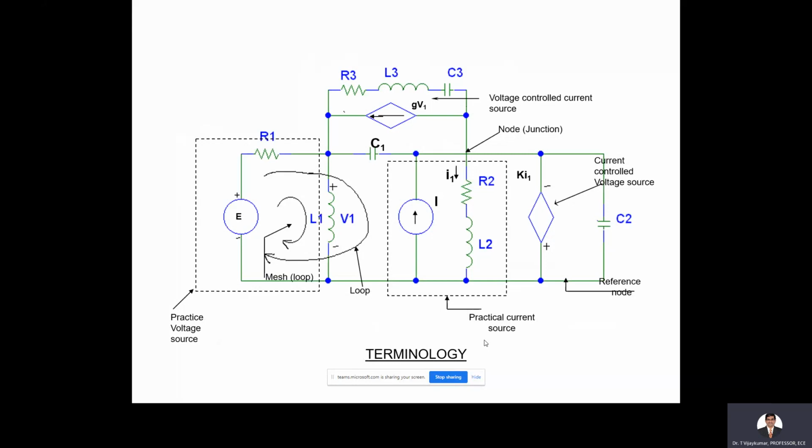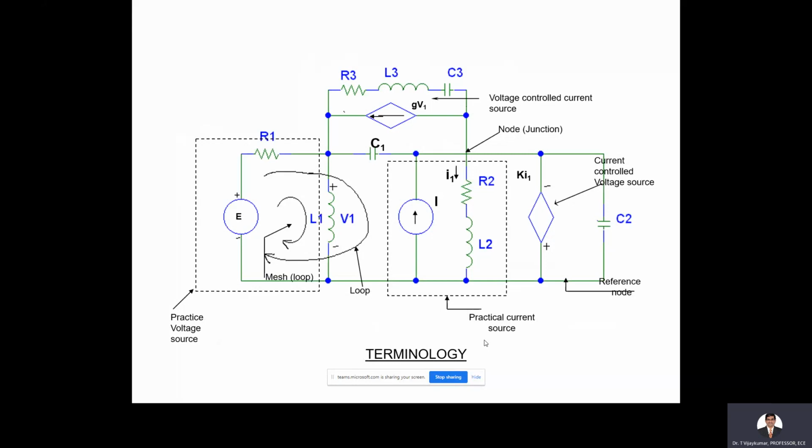This current source depends upon the voltage across L1, which in the diagram is V1. Therefore, it is called a dependent current source.